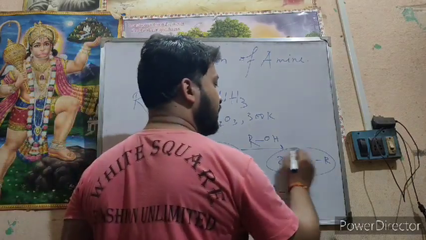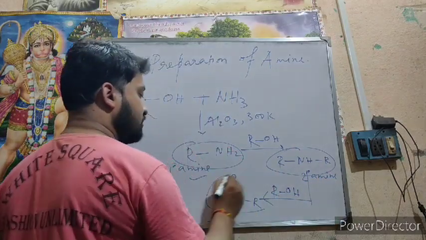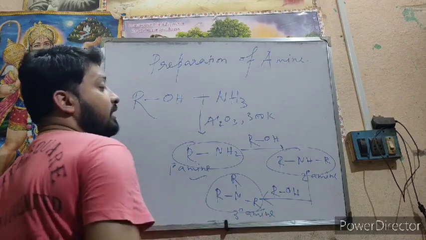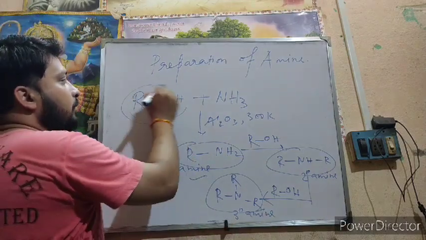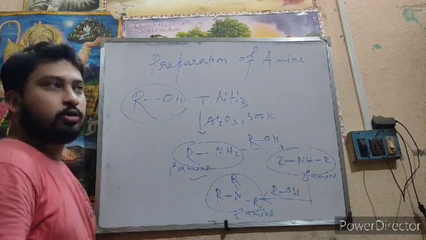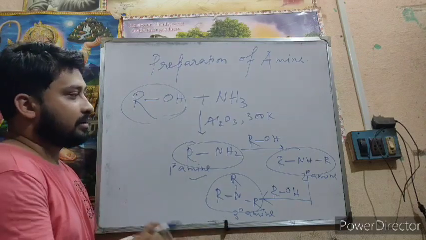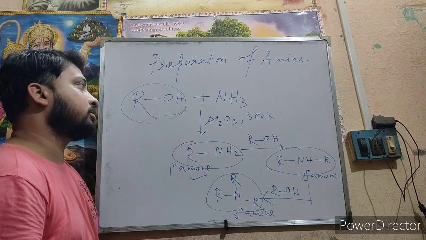This is 2-degree amine, and this is 3-degree amine. 1-degree, 2-degree, 3-degree amine can be prepared with the help of alcohol. Those are the simple chemical properties or chemical reactions of these alcohols.